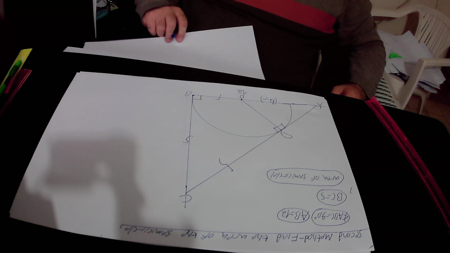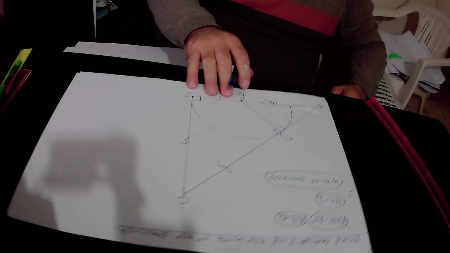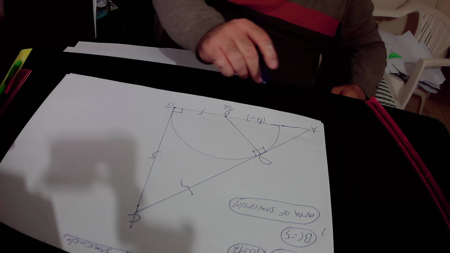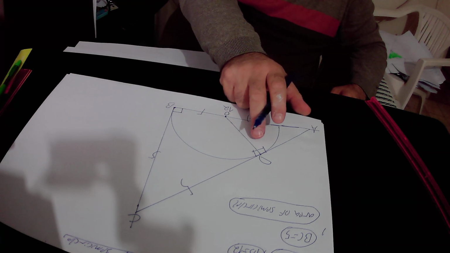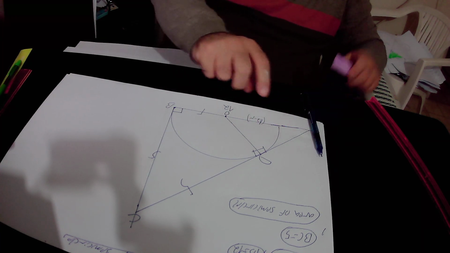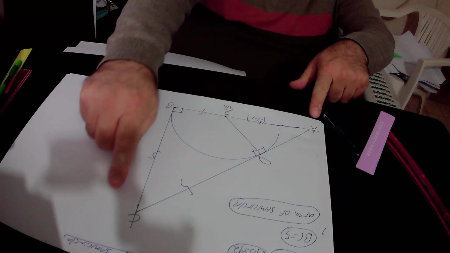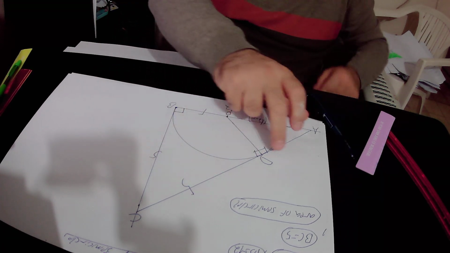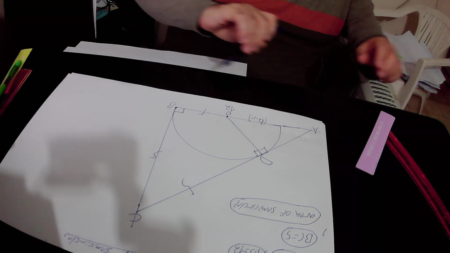And actually, you can see here, what is the length of AD or DA? DA equals CA minus CD. Okay?